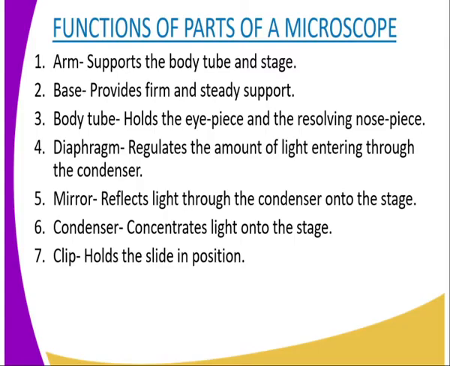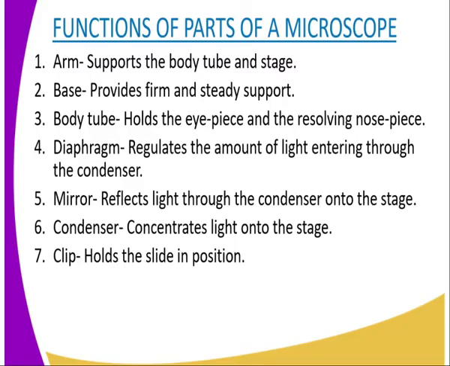We have also seen another part known as the body tube. The function of the body tube is to hold the eyepiece lens and the revolving nose piece. We also have the diaphragm, whose function is to regulate the amount of light entering through the condenser. We also have the mirror, which reflects light through the condenser onto the stage.